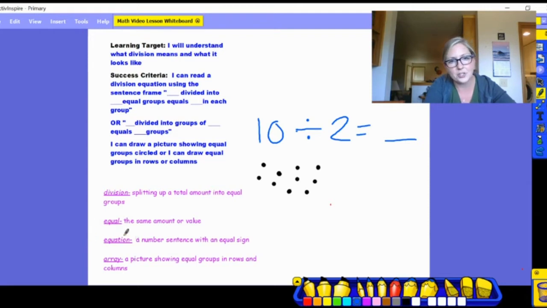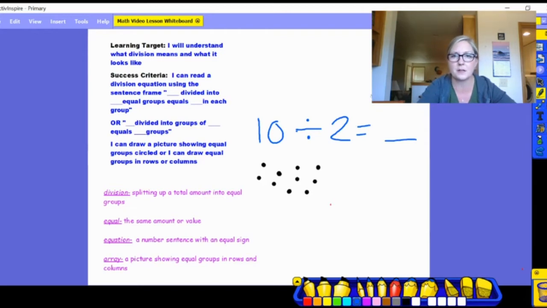An equation is just the name for these number sentences that have numbers that are connected with some kind of a math operation. And today's equations, we're talking about division. And also what's really important about equations is they always have an equal sign.